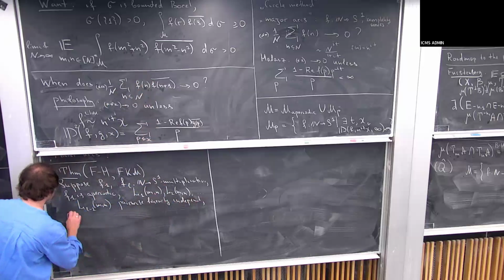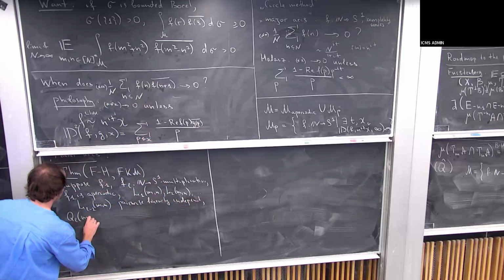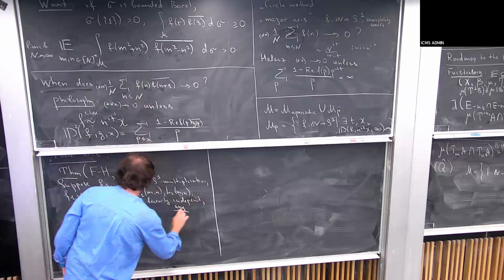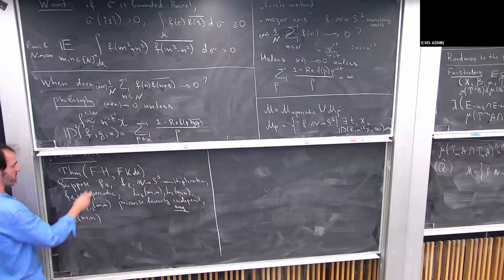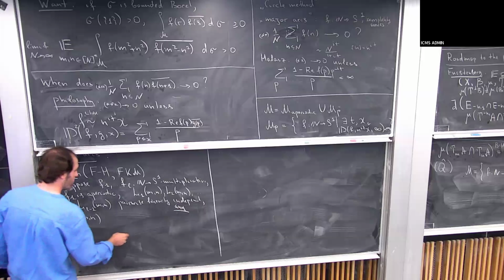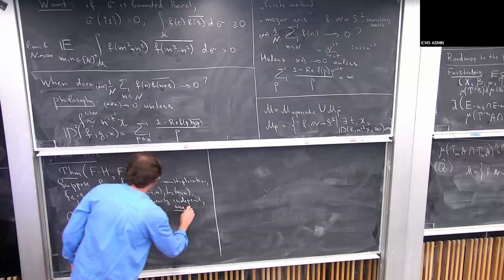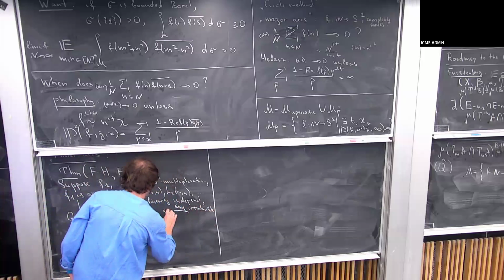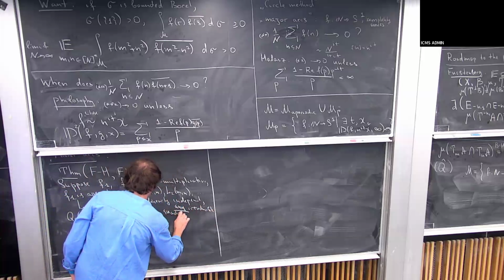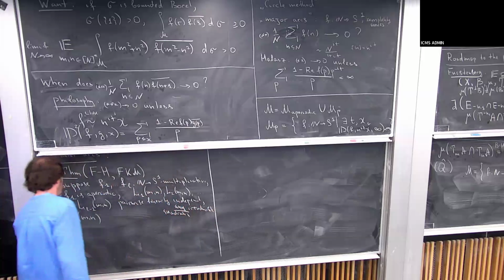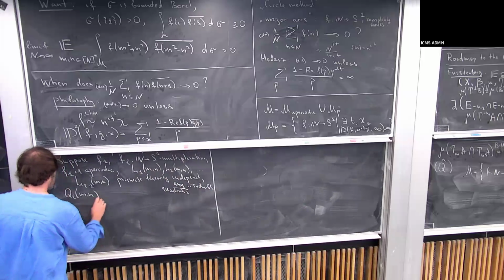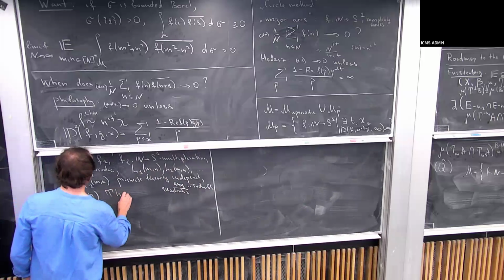So suppose that the last one is an irreducible quadratic. This is what actually is new here compared to this one. So any irreducible quadratic. Then the averages go to zero as expected.